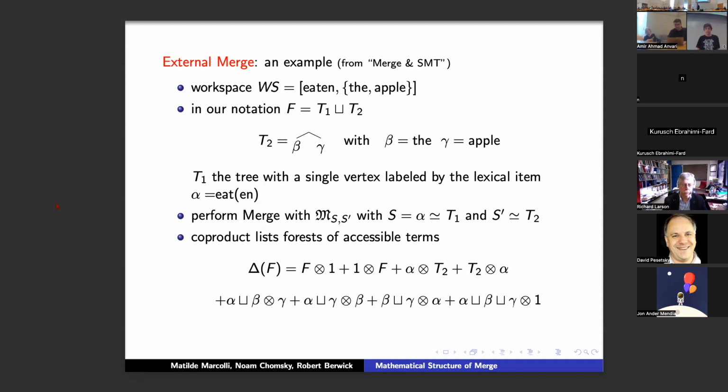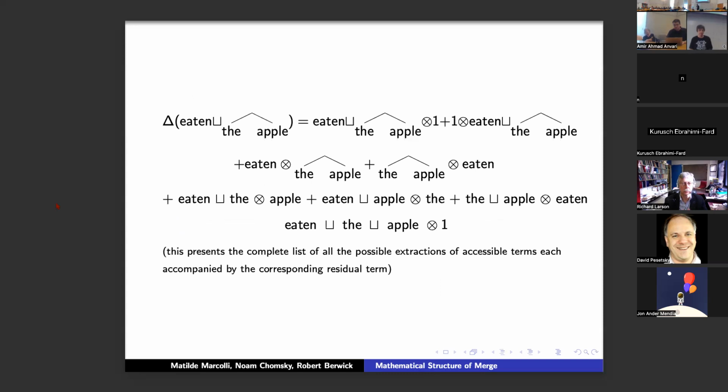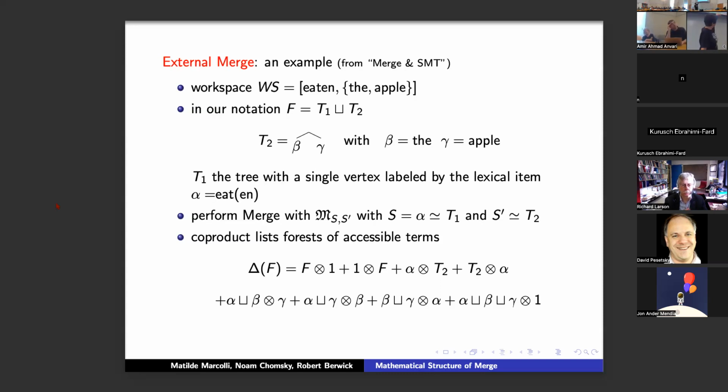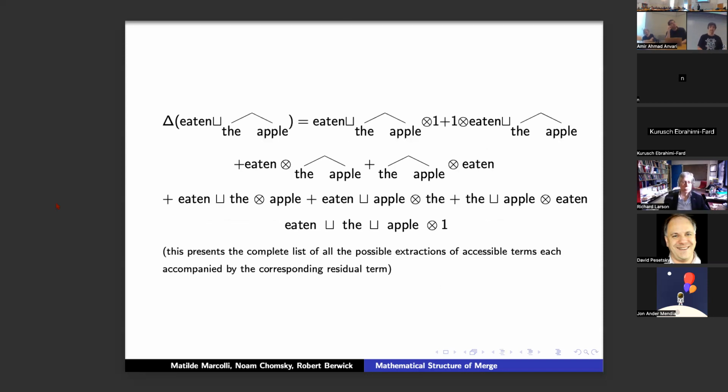However, in this case, the one that you want to use is a very simple one. Here I'm writing the same two lines with the explicit lexical items, so I have all these terms of the coproduct. Because I want to merge two terms, and I know that they're going to match the first term, the first term of the coproduct is enough, the most trivial one, because my external merge is extremely simple in this case.